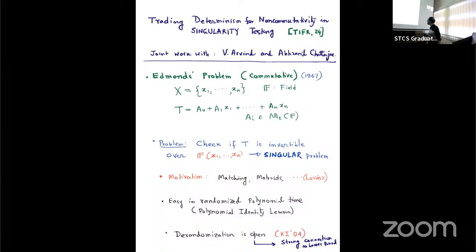Later, I think Lovász also studied this particular problem a lot. It is well known that this problem is very easy to solve in randomized polynomial time. You just randomly substitute these variables and compute the rank. In other words, we can use the Schwartz-Zippel lemma to argue this.